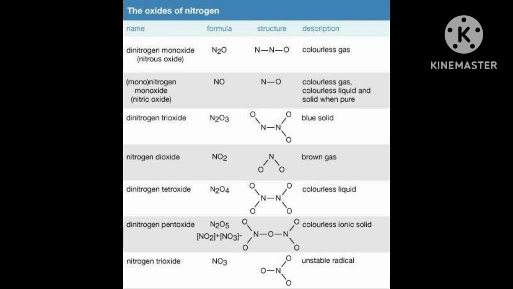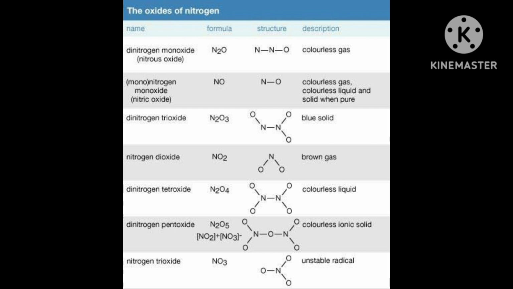What is the common method of preparation of N2O? The first oxide, dinitrogen oxide, N2O, is prepared by heating ammonium nitrate.